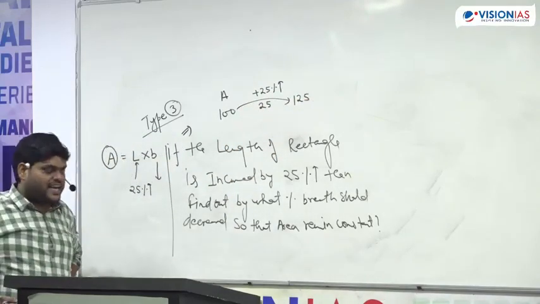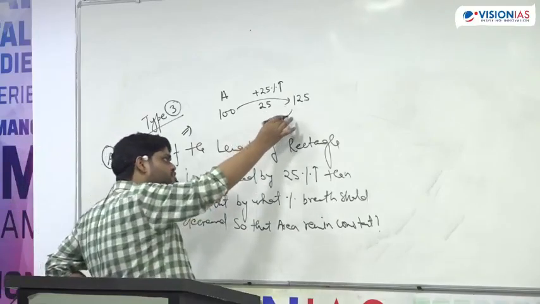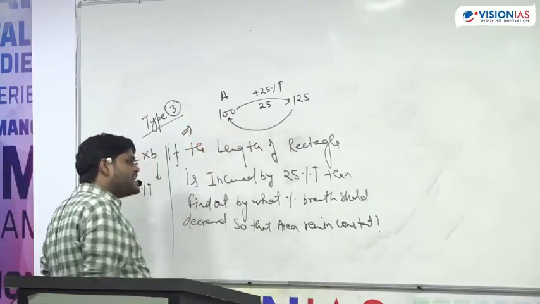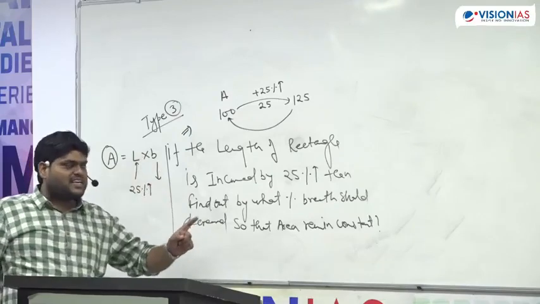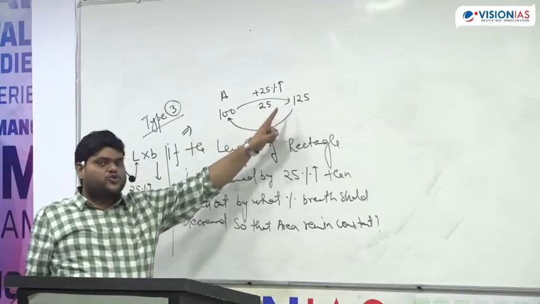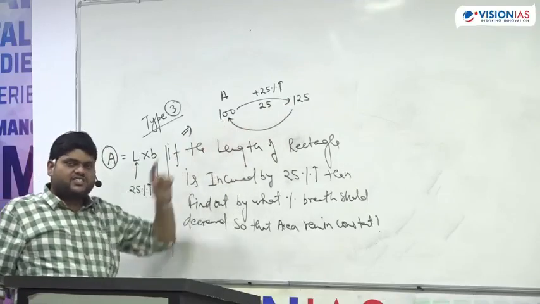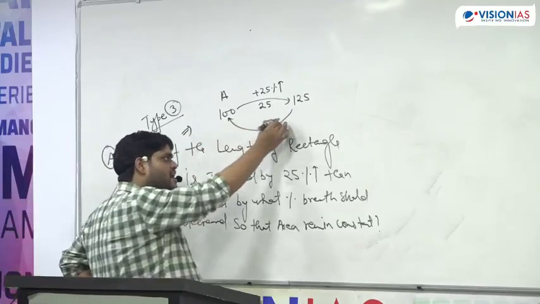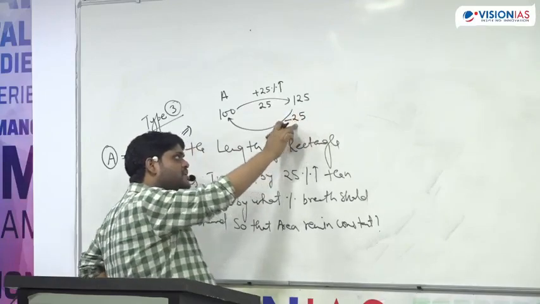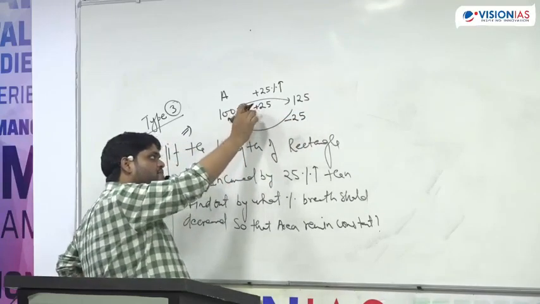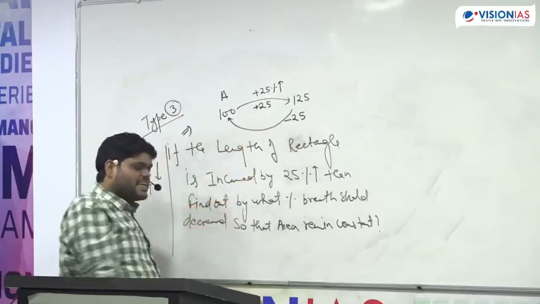Now the question is, by what percent should this decrease so that the area remains constant? That means when breadth is decreasing, this value should decrease so that we reach back here. I have already told you the increment is of 25. Here 25 increment, here 25 decrement.